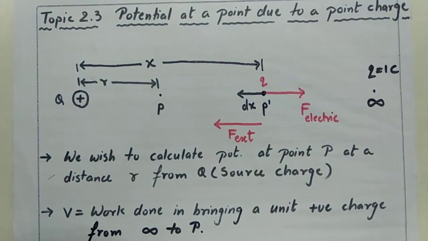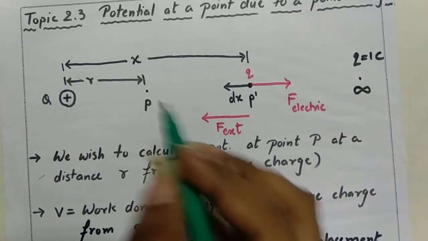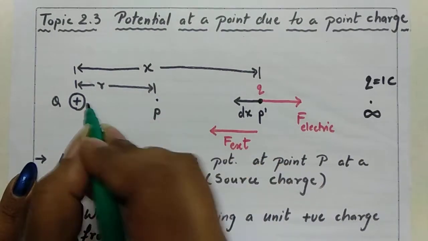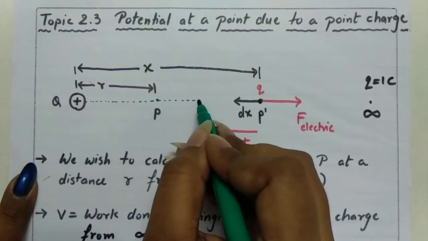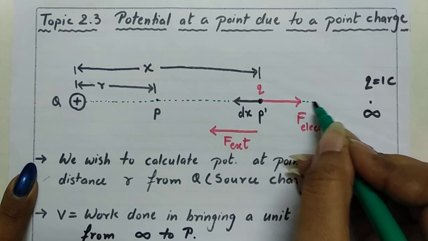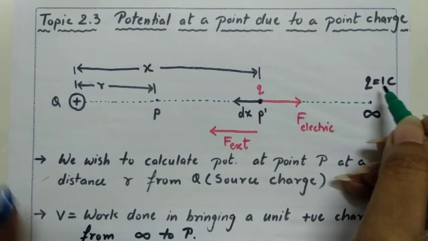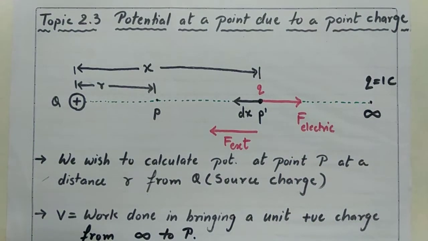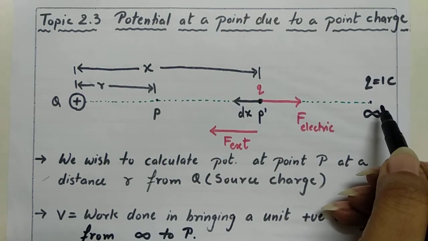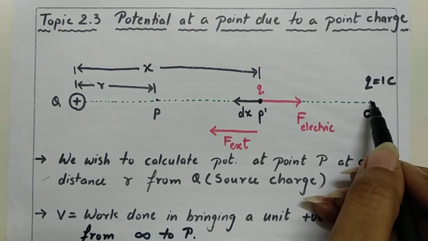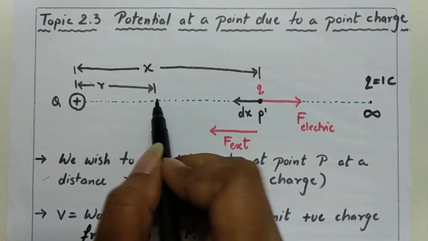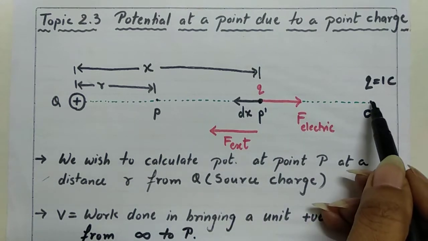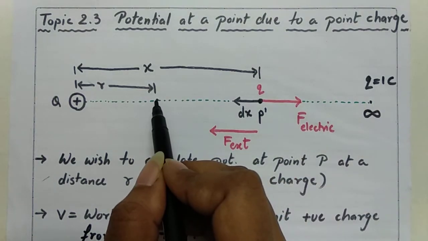So now I will be shifting this unit charge along this line and calculating the work done for that. Initially my unit positive charge is at infinite distance. I want to shift it to this point, and I'll calculate how much work I have to do in shifting this charge from here to here.